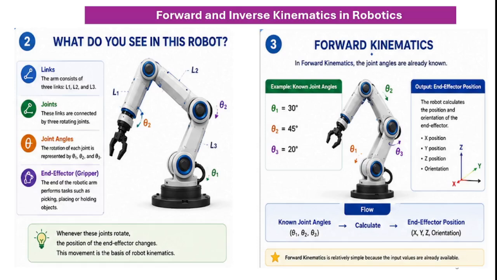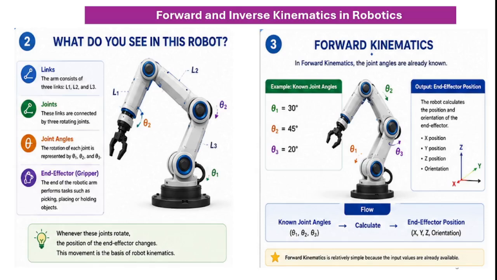Before learning forward kinematics, let's understand the different parts of a robotic arm. As shown in the figure, the first part is the link. The arm consists of three links called L1, L2, and L3. These links are connected by three rotating joints. The rotation of each joint is represented by theta 1, theta 2, and theta 3.